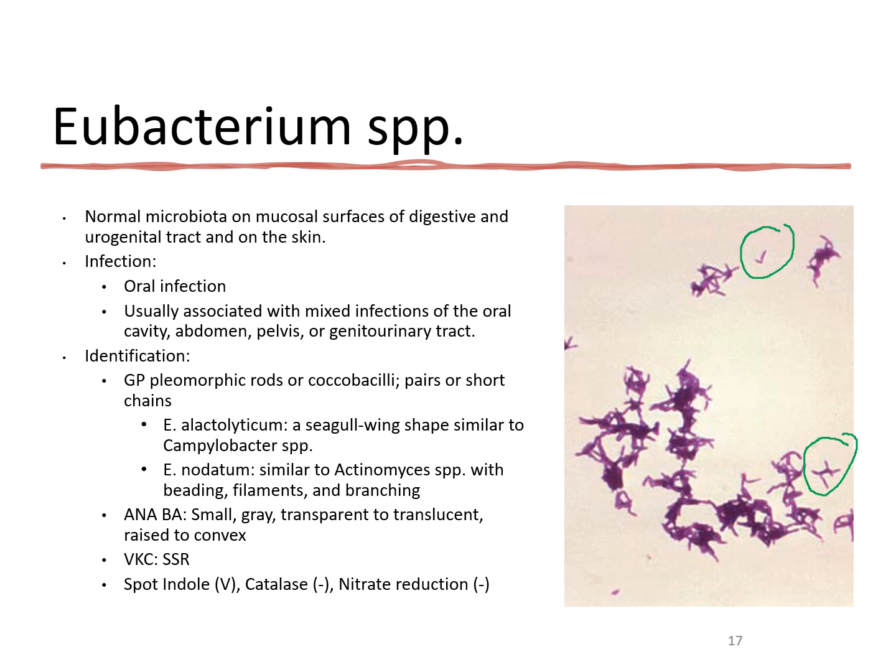So in anaerobic blood agar culture, they would appear as small, gray, transparent, translucent raised convex colonies with a VKC of sensitive, sensitive, resistant, and a spot indole is variable, catalase negative, nitrate reduction negative.